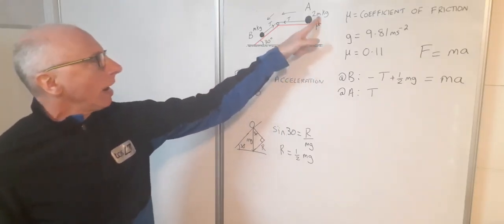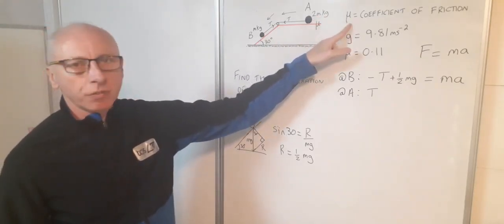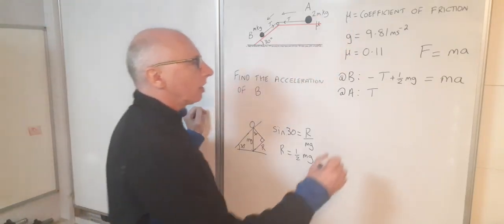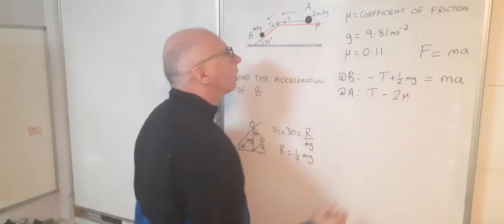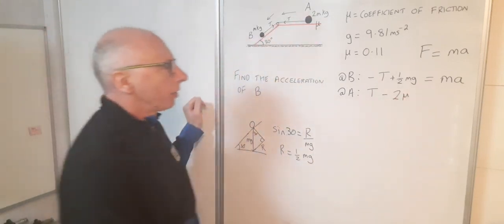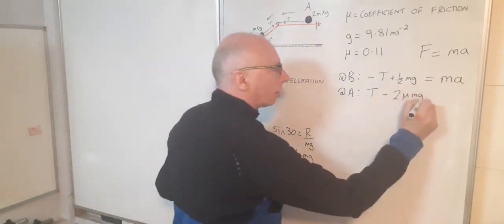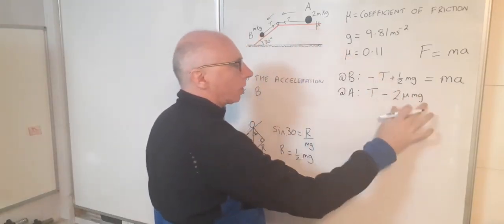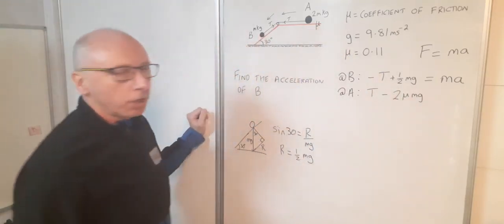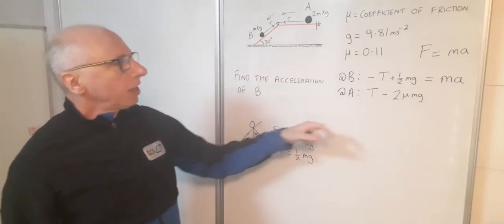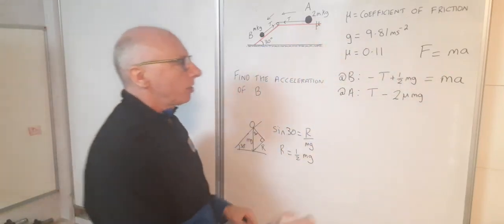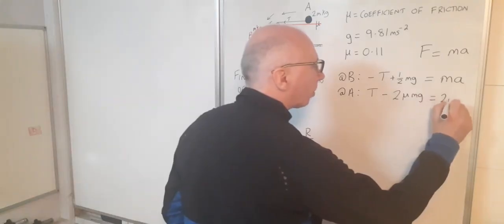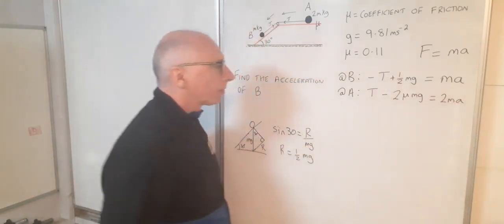So that'd be 2m times the coefficient of friction and gravity, so that'd be minus 2 mu and then mg. So 2m is the weight, g is the gravity, and mu is the coefficient of friction. And then setting that equal to mass times acceleration. Here the mass is 2m, so I set that equal to 2ma.